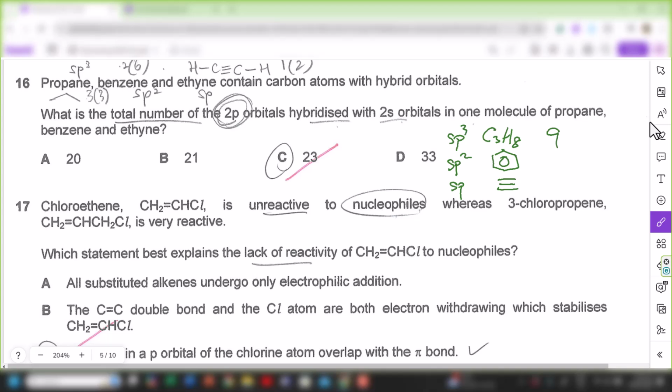Each carbon is sp2, so there will be a total of 12 2p's. And then for ethane, ethane is actually sp hybridized, 2 carbon. So each carbon will require 1 2p to hybridize with it, so that's 2. So if you sum them up, that will be a total of 23. So the answer is C.